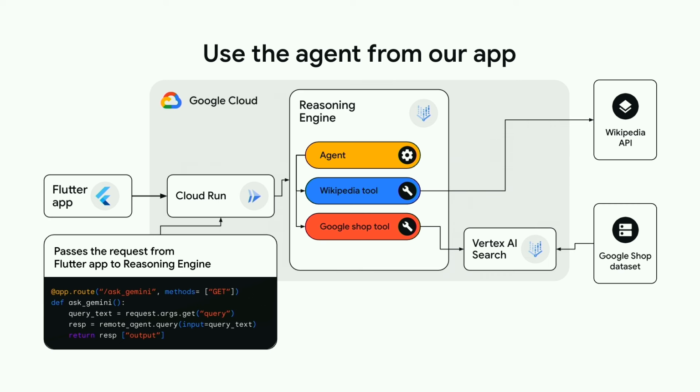That calls the Wikipedia API. Or if the user request is related to any Google Shop items like a Chrome Dino pin, the agent calls the Google Shop tool. That uses the Vertex AI search to look for the Chrome Dino pin in the Google Shop dataset. So that's how the backend works.